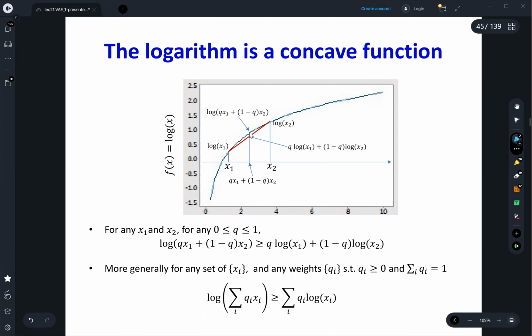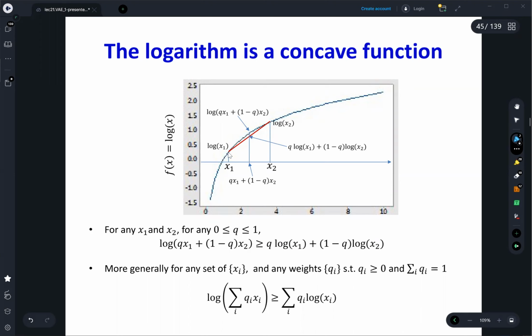On the other hand, this point on the log curve, not on the straight line, is the actual logarithm computed at this value of X. So it's log of Q times X1 plus 1 minus Q times X2. And because of the shape of this curve, the log of the weighted average of X1 and X2 is always going to be greater than or equal to the weighted average of log of X1 and log of X2.